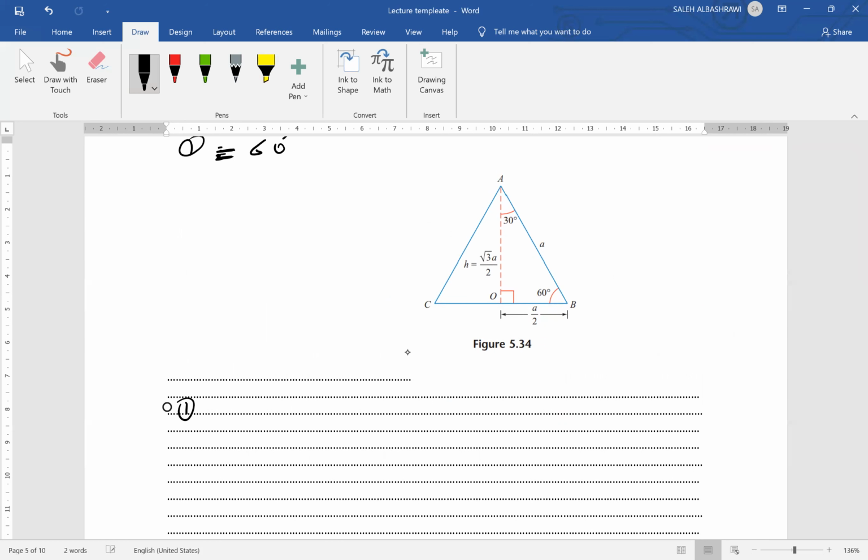Number 1, sine theta or sine 60. Now we are using this angle 60. Sine is the opposite divided by the hypotenuse. This is the opposite. So opposite divided by the hypotenuse will give me square root of 3 divided by 2.